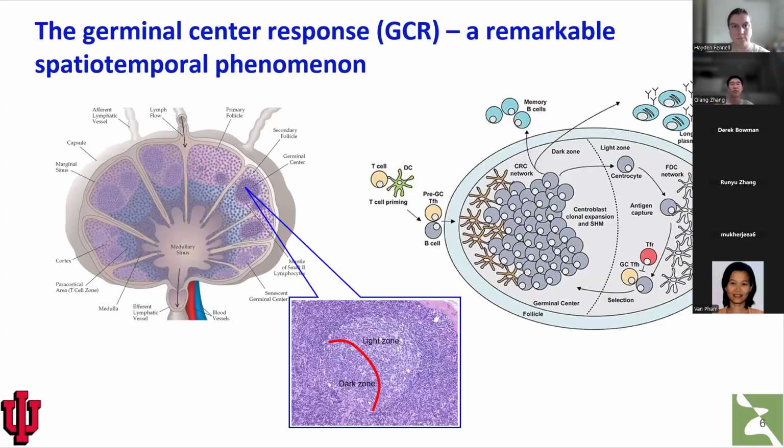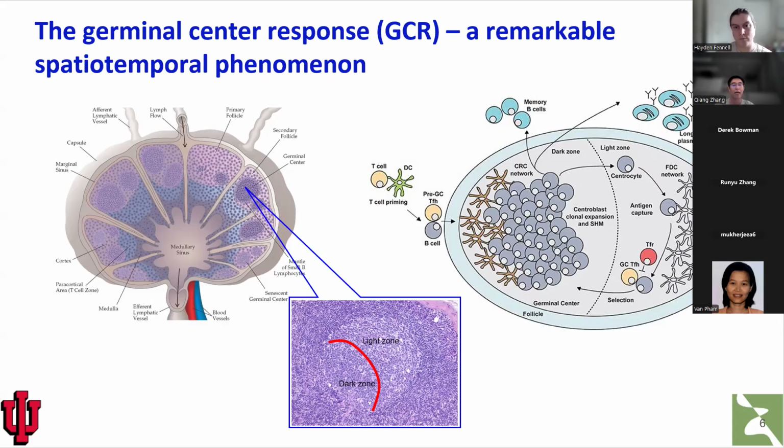So this germinal center response happens primarily in the secondary immune organs, including the lymph node, the spleen, and also in some cases the Peyer's patch in the GI tract.